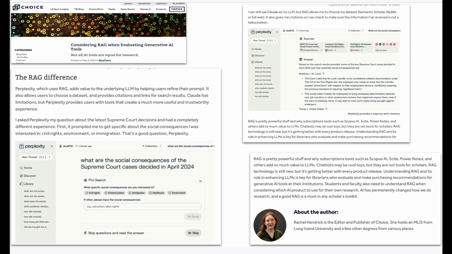And so in this case, they're looking at Perplexity, and they're using the Perplexity bot within Claude to look at the social consequences of Supreme Court cases decided in April 24.